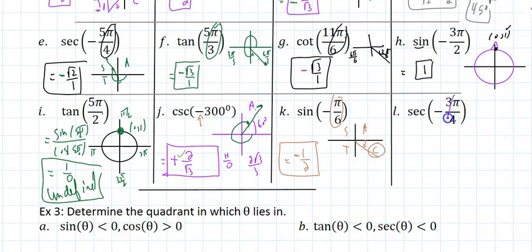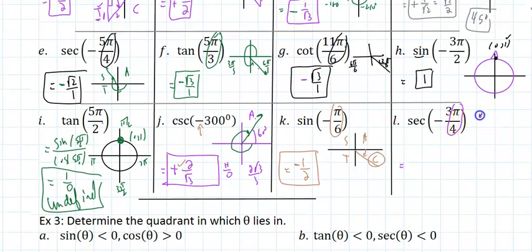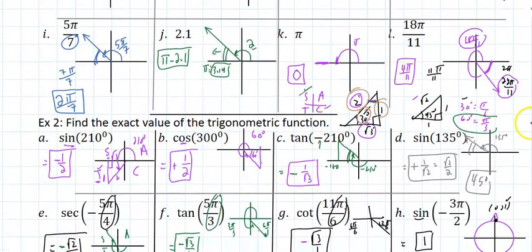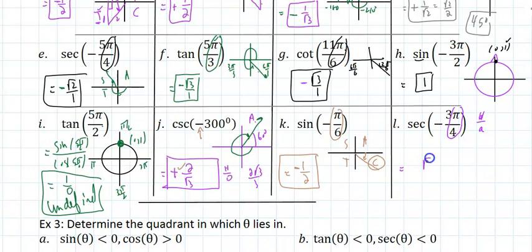This right here has a reference angle of pi over 4. I know pi over 4 is 45 degrees. The hypotenuse over the adjacent. Radical 2 over 1, or simply radical 2.